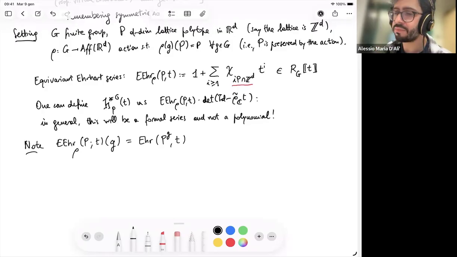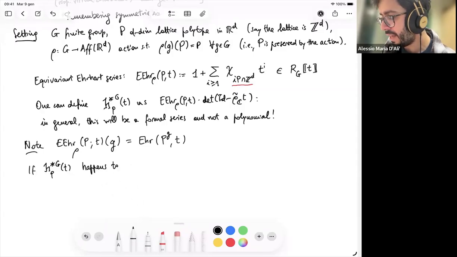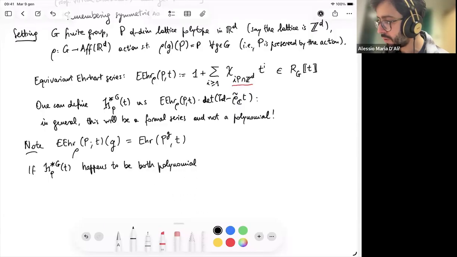Okay, so I've said that in general, this thing is not going to be a polynomial, it's a series. But if this thing happens to be both polynomial and palindromic, then you can do the equivariant gamma polynomial.